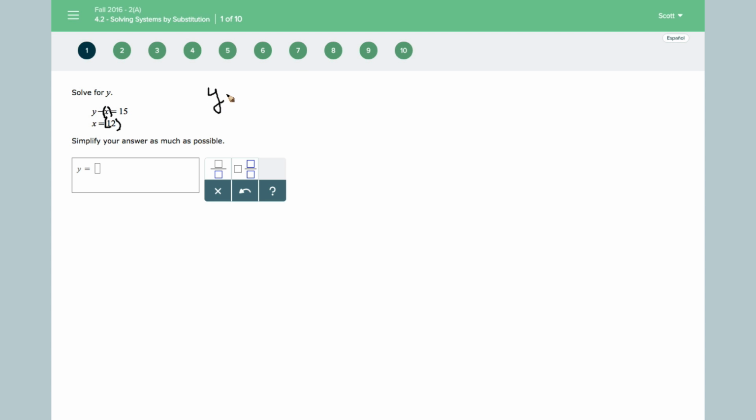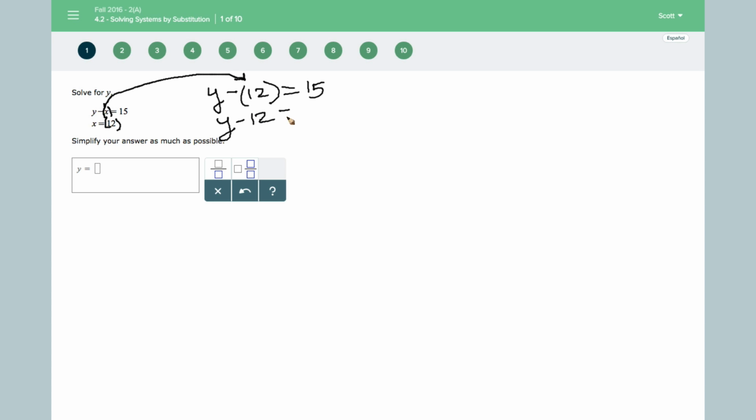So I do y minus, and x is 12, so 12 equals 15. So all I did is take that x and replace it with a 12 because I'm told they're the same thing. Now all I have to do is solve it.